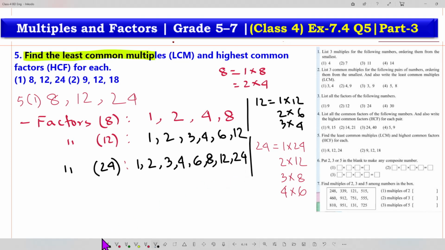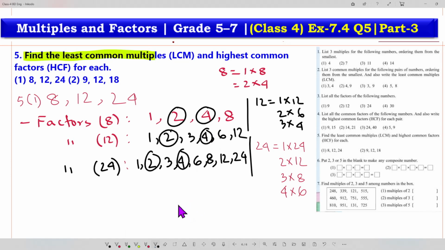So what is the LCM? How can we find out? Look, first we have to find out the common things. Which one is the common thing? This 2 is common, 2 is common, 2 is common. Next common thing, a 4, 4, and 4.